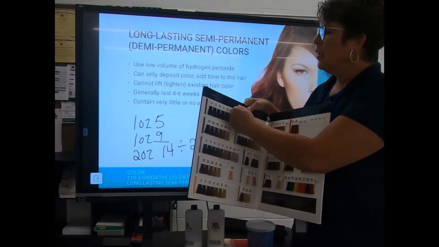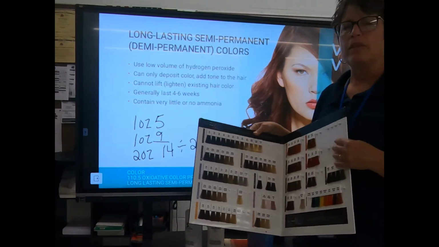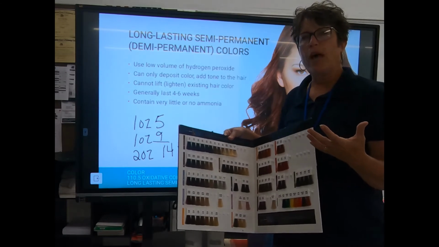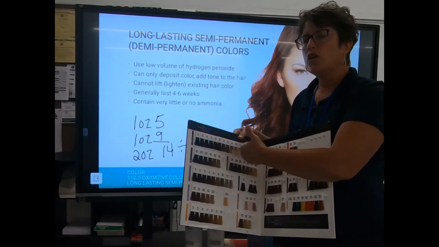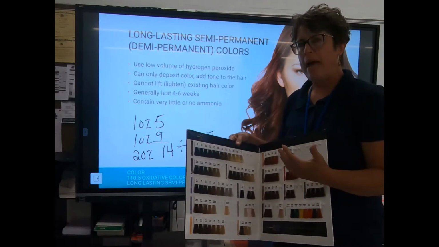So you can get very complicated with this. So anytime you don't have a color, just ask yourself, do I have one lighter and darker than it, and can I do the math?